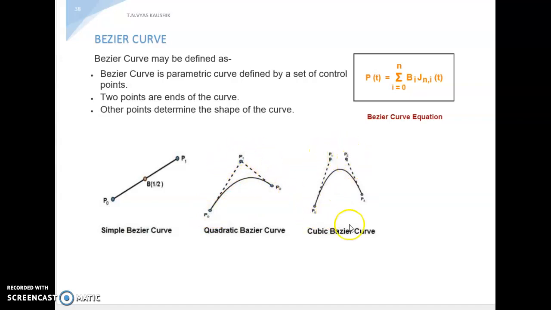If 2 such points are there, then it is known as cubic. If 3 such points are there, it is a 4th degree polynomial curve. This is the general representation of the Bezier curve equation. With this we have completed the third unit.